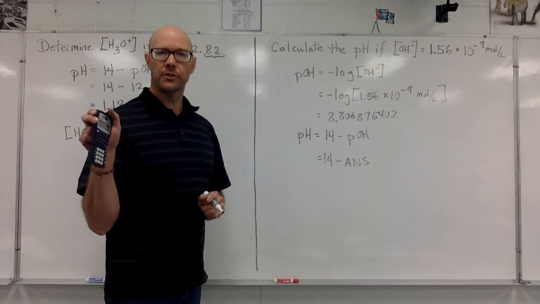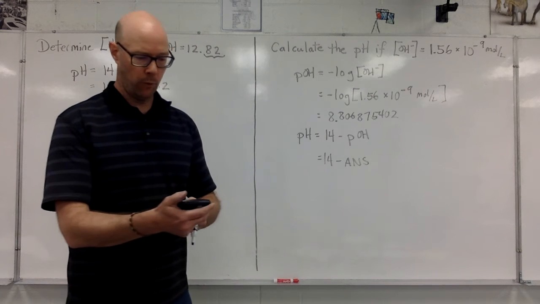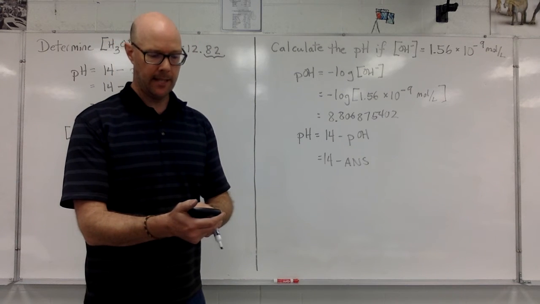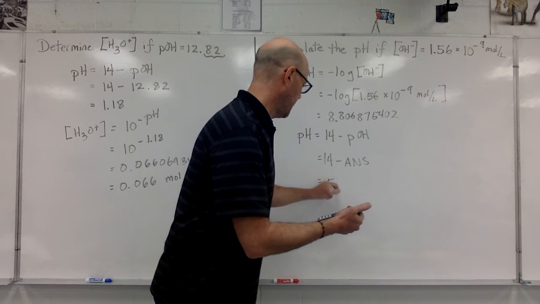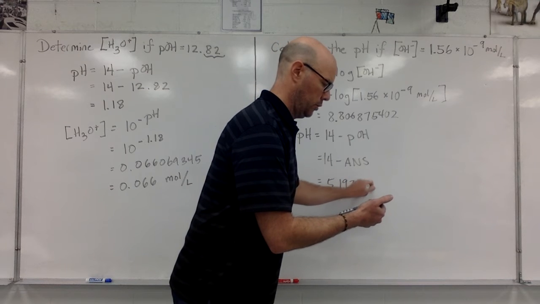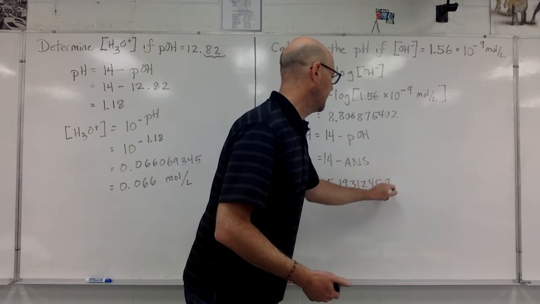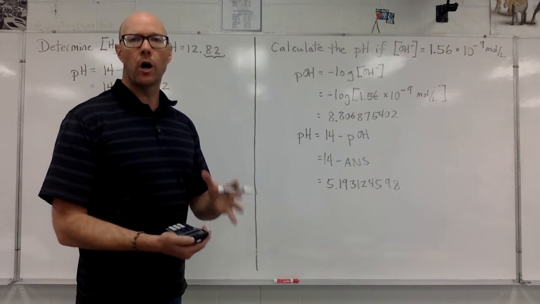This number is still just sitting here on my calculator screen, so I'm going to type in 14 subtract that answer. And I arrive at 5.193124598. I found the pH, but this is the raw answer.